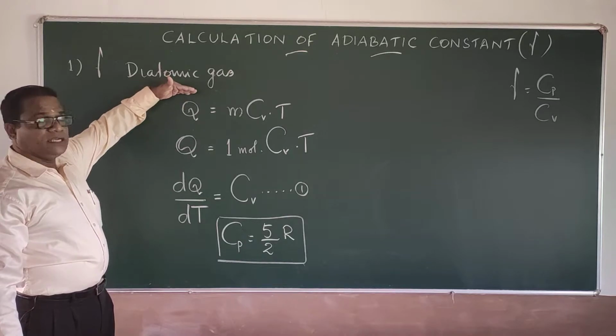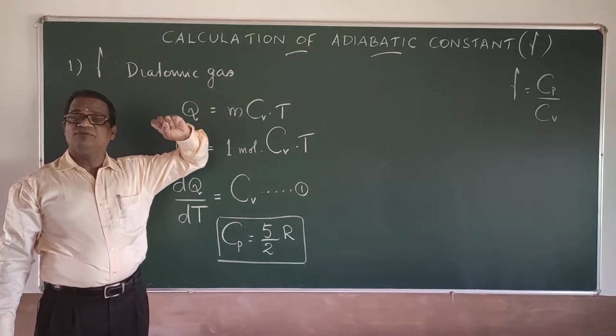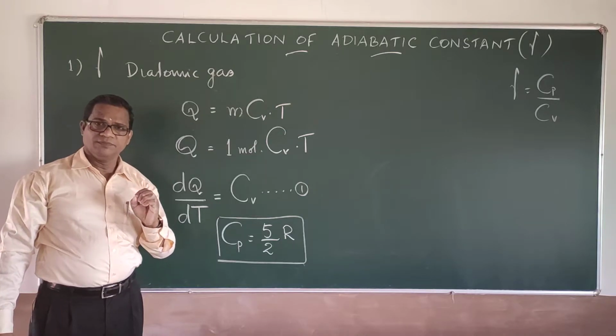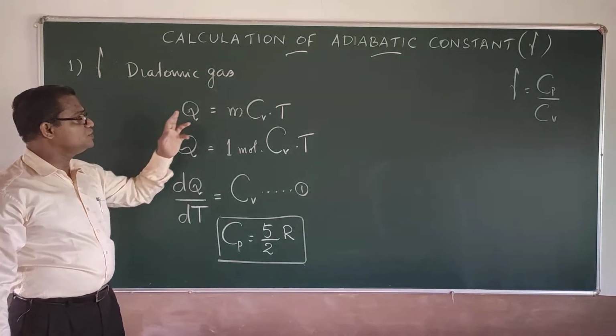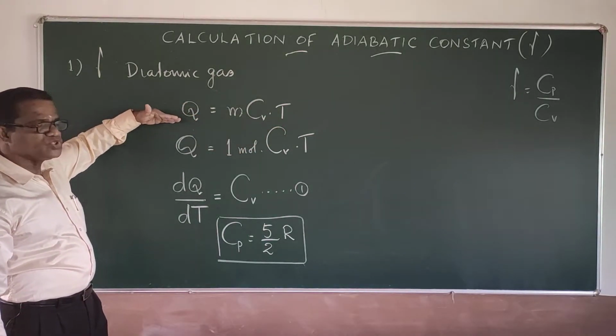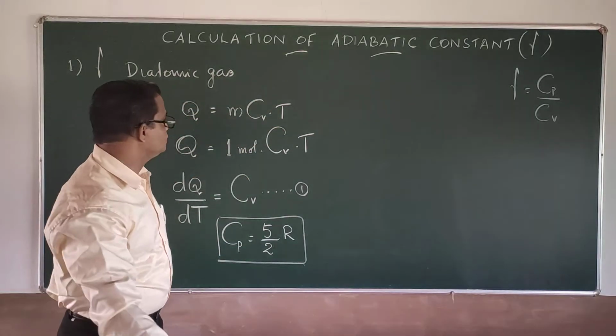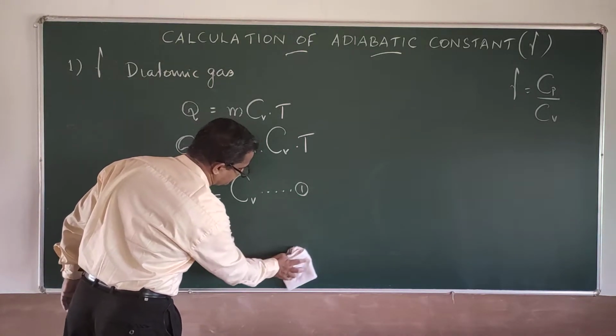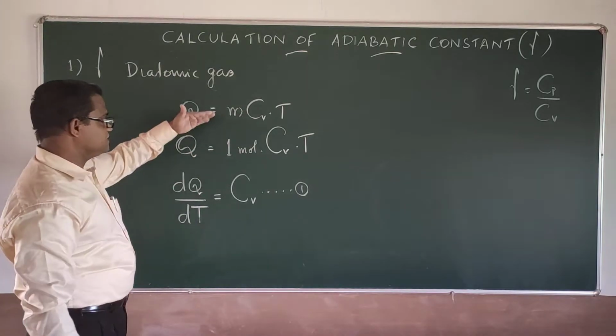Now, in the beginning again, 1 mole of diatomic gas is taken in a constant volume cylinder and heated to an absolute temperature T, so that Q equal to M into Cv into T. Therefore, you can have the first part of the statement like this itself.